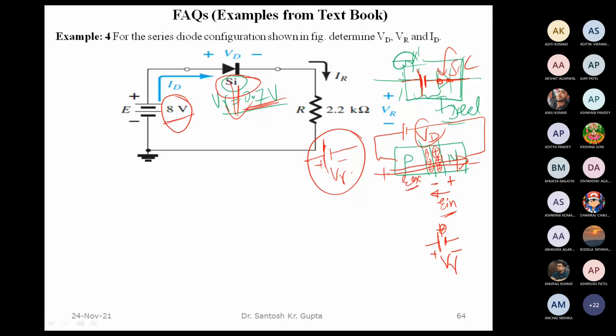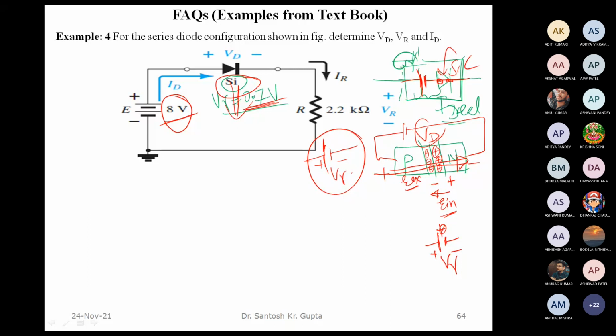If the voltage source strength is less than or equal to this potential barrier, then it will be off. And if the voltage source is stronger than the potential barrier, then it will be forward biased and on.